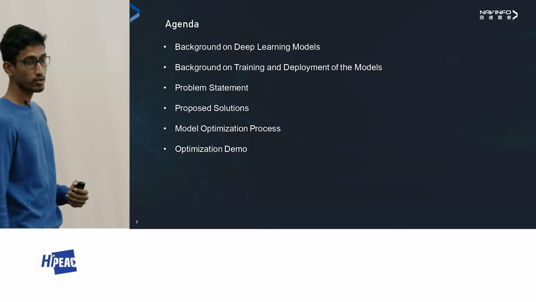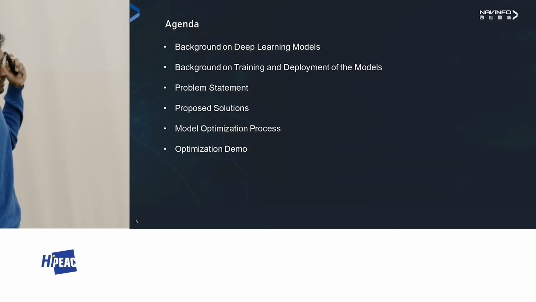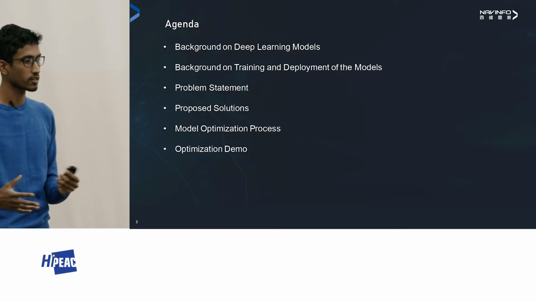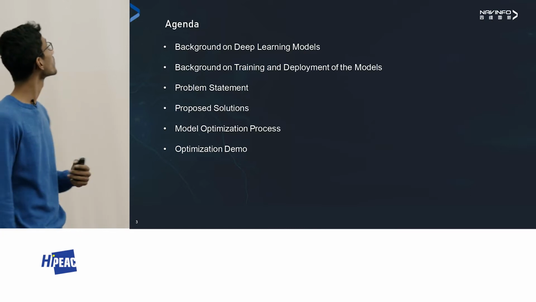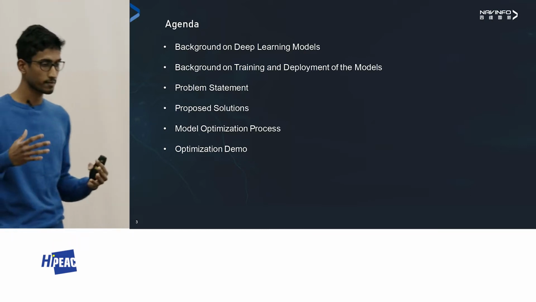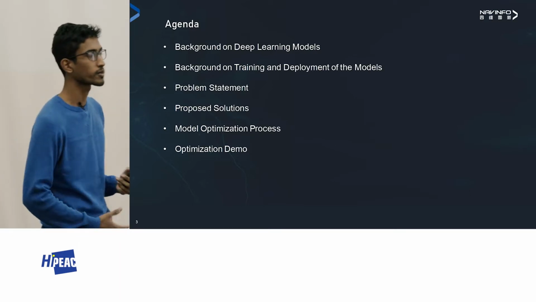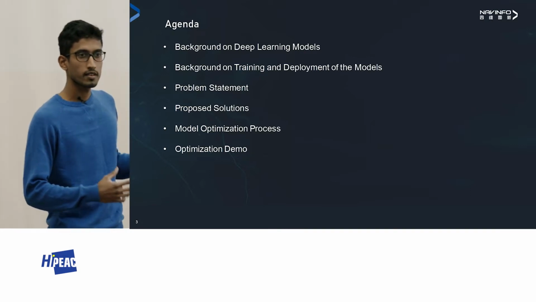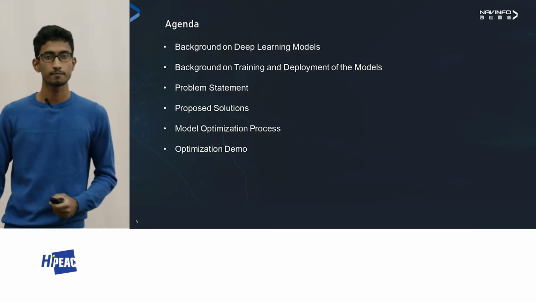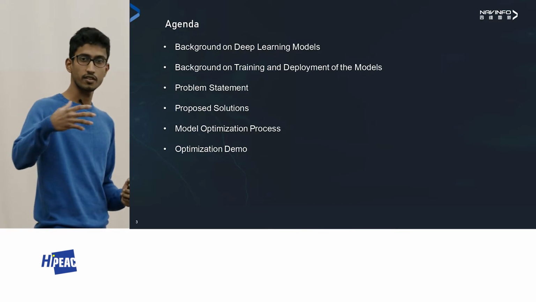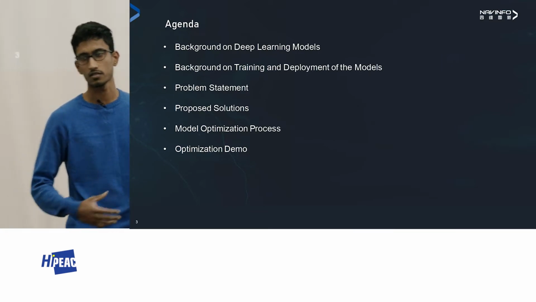So the agenda for this talk would be, let's get some background on deep learning. What's deep learning? What are the models? What are they capable of? How to play around with them? How does typically the training process and deployment process happen? And then we talk about this problem statement in a little more detail. And we propose solutions that we have tried and tested in our labs.